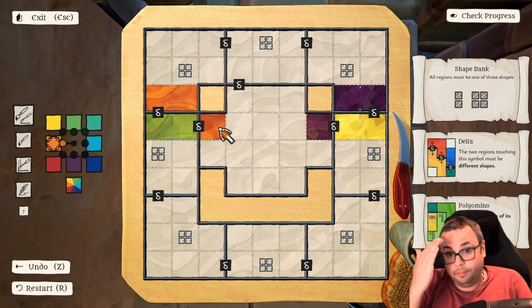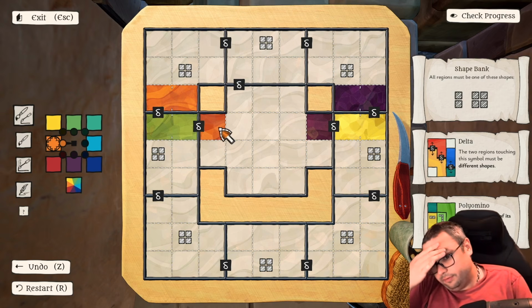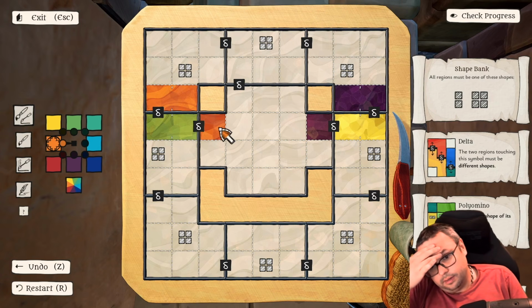Wait, I do know that one of purple and orange is a square. Because if neither purple nor orange is a square, no. All I know is that one of purple and orange is a domino. Purple and orange could both be squares.